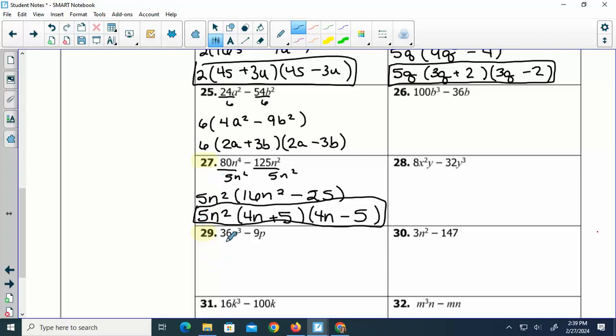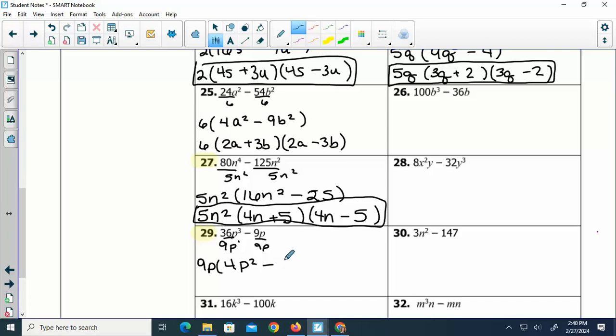Okay, 29, greatest common factor. What are both of these divisible by? 3, or we could go 9, and they both have a p. We take out the 9p. 36 divided by 9 is 4. P to the 3rd over p, you subtract exponents, so that's p squared.